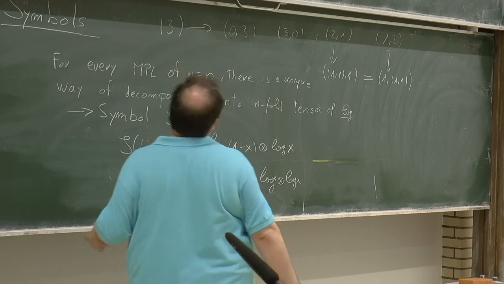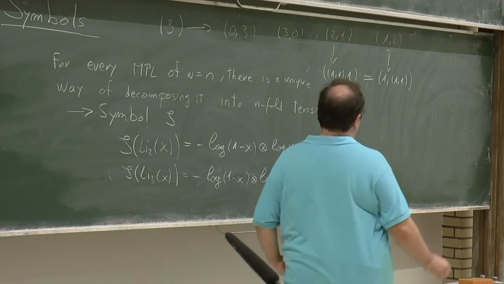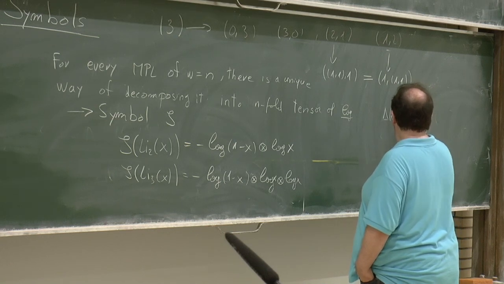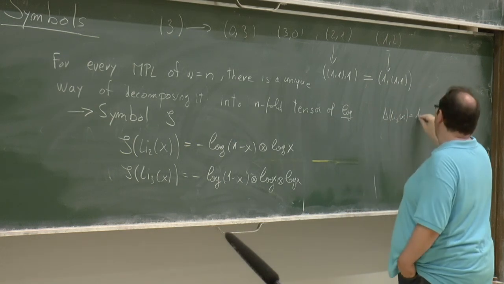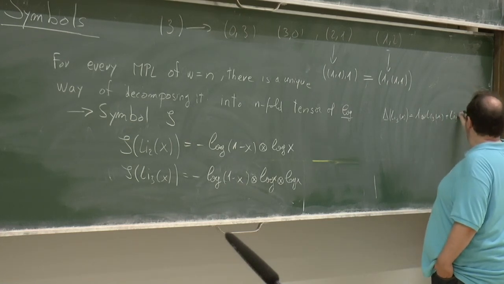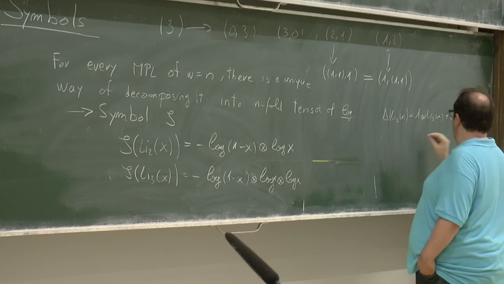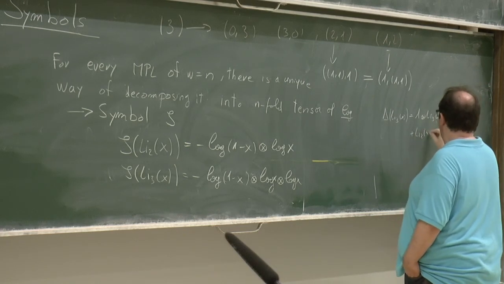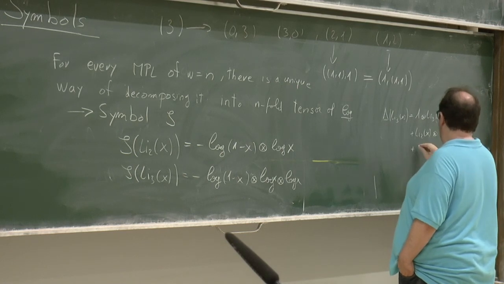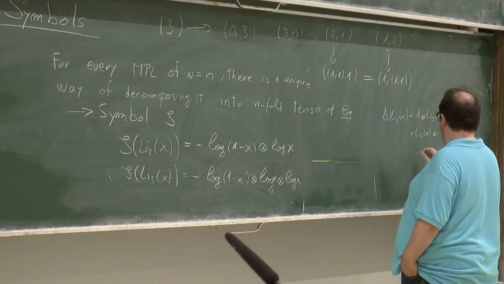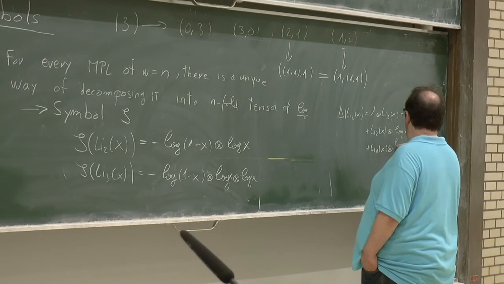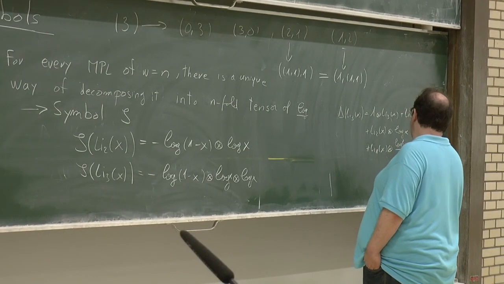Because if you remember, delta of Li3 of x contains 1 tensor Li3 plus Li3 tensor 1 plus Li2 of x tensor log x plus Li1 of x tensor 1/2 log squared x.